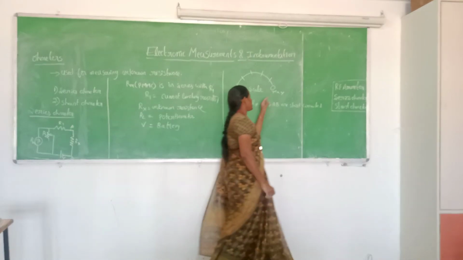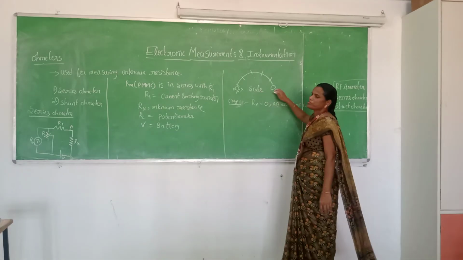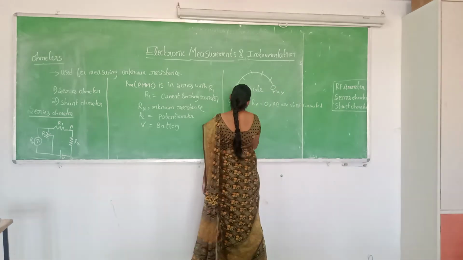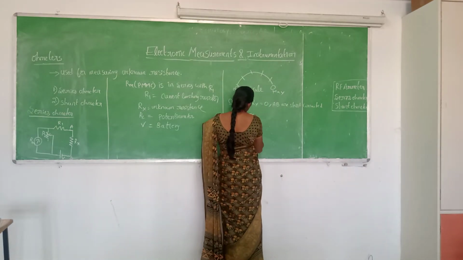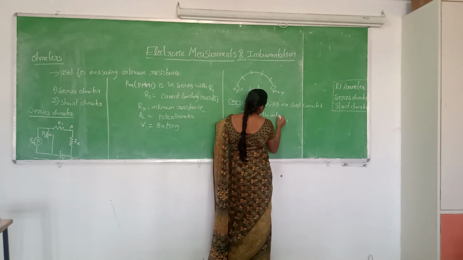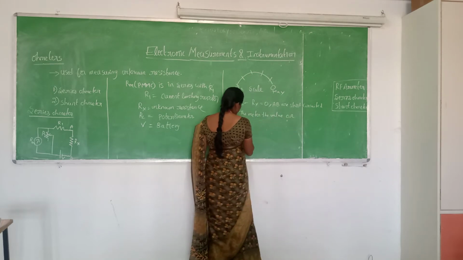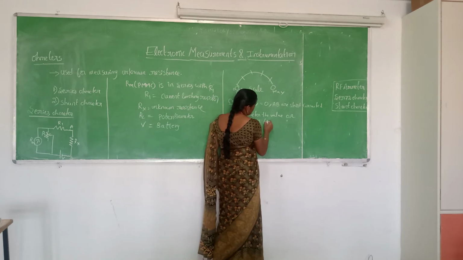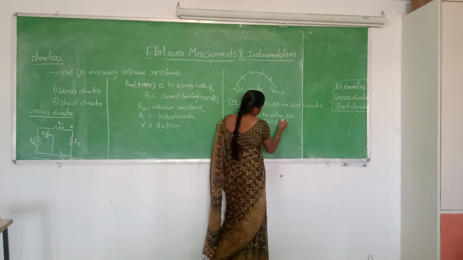When the maximum current flows to the meter, the scale shows the full scale deflection current. So now the meter shows the value 0 ohm, which is the full scale deflection current.